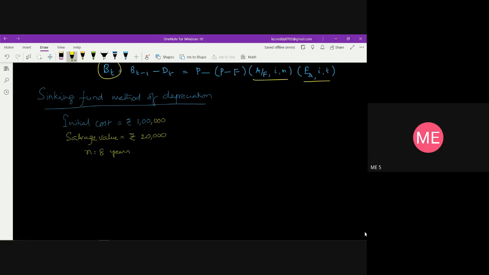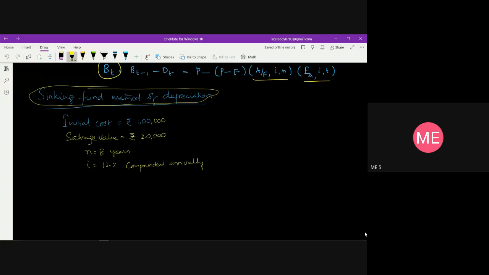And for this sinking fund method of depreciation, we need to give the annual rate of interest, that is i equal to 12% compounded annually.